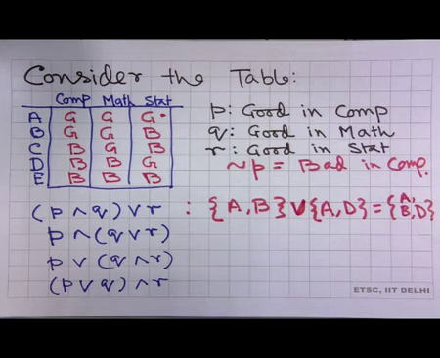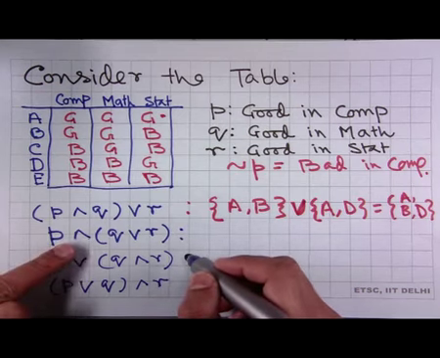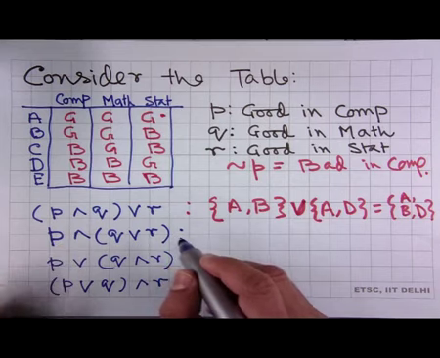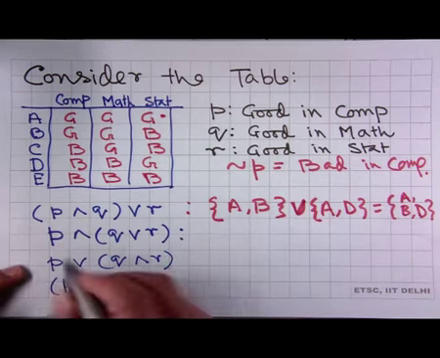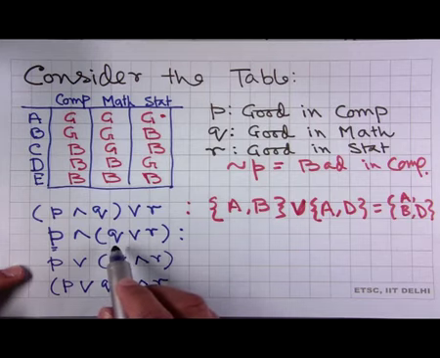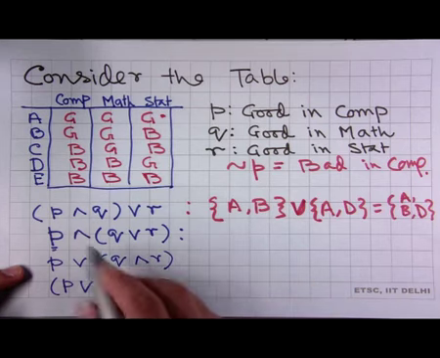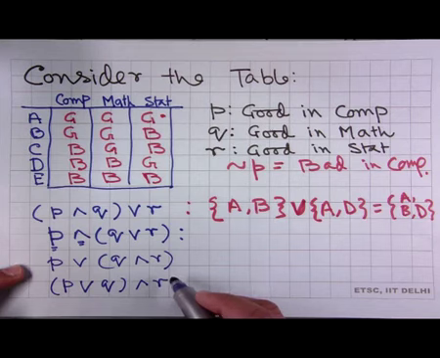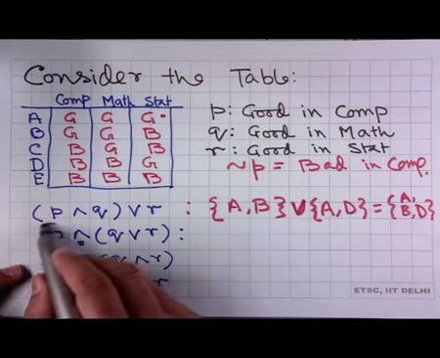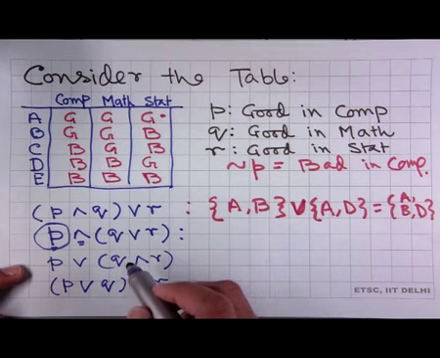In a similar way, let us look at P and (Q or R). That means, somebody who is good in computer science and who is good in either one or both of mathematics and statistics. So, because it is and, we have to find out the truth set for P, we have to find out the truth set for Q or R, and because it is and, we have to find the intersection of that one, right.